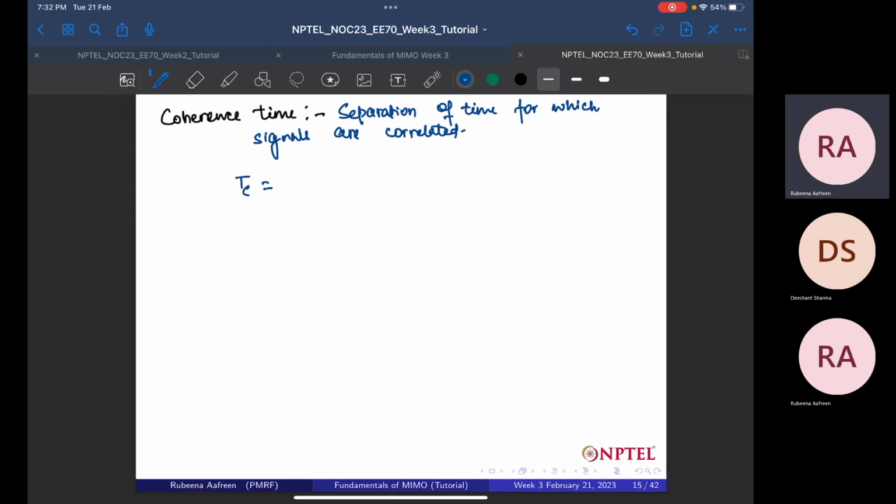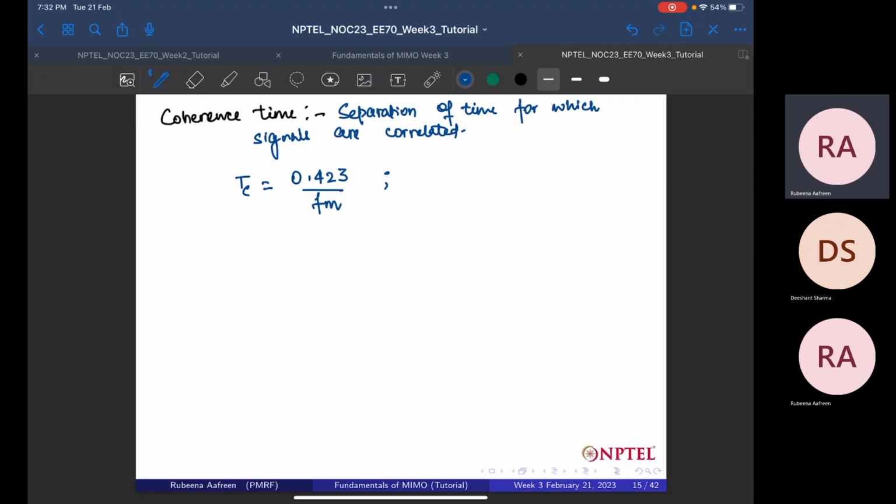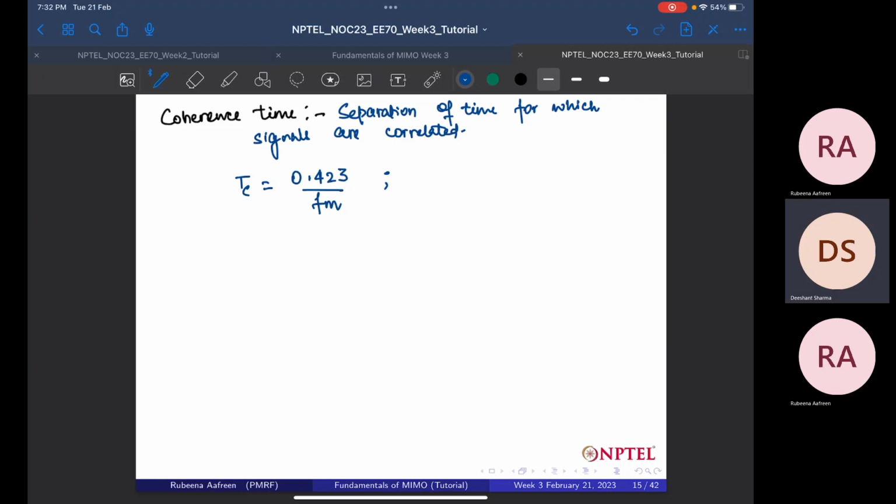First is Tc is 0.423 divided by Fm. What is Fm? Can you tell? It's V by C into Fc. Fm is V by C, maximum Doppler shift. V by C into Fc, because Fd is equal to Fm into cos theta n.